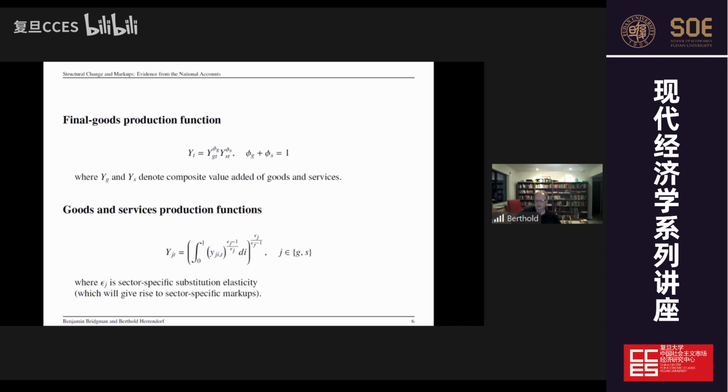But you could imagine a more general environment where you have entry. So then these markups lead to monopoly rents, or profits, I should say, and you use these profits to pay for fixed cost that you had to incur before to actually enter the sector. Then you could have free entry and there's nothing left on the table.